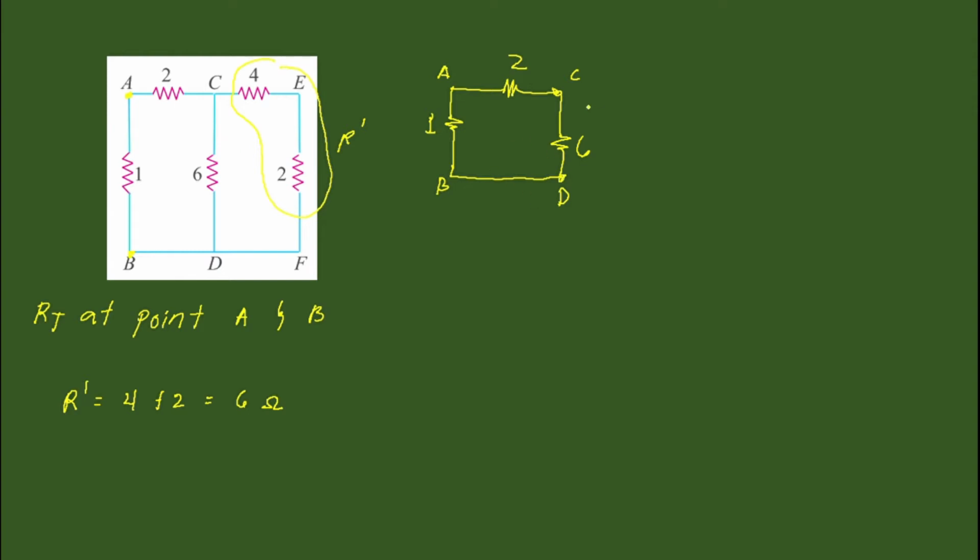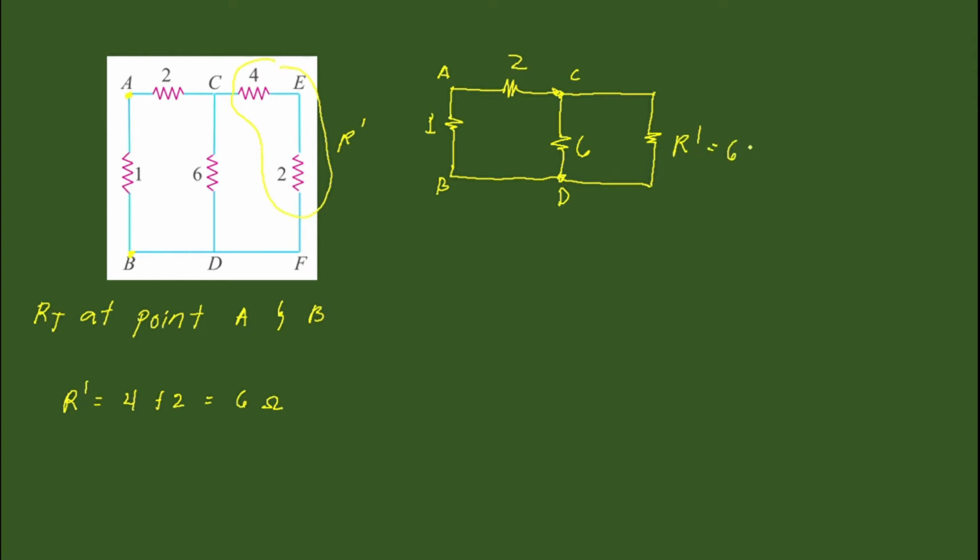Okay? Now, the resistance value you got for R prime, you connect it here at point C and then D. What is its connection now? R prime is now connected in parallel to the 6 ohms. What is the value of our R prime?